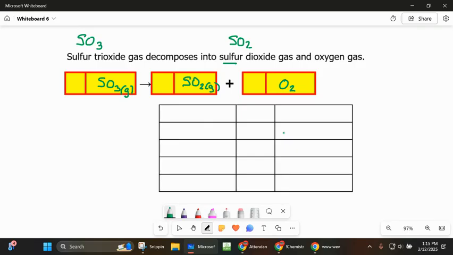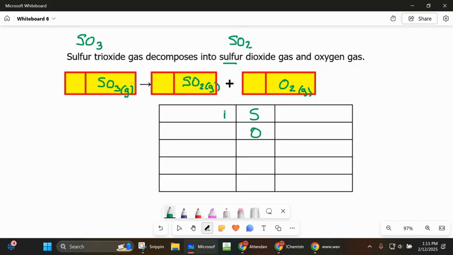All right. So now, ladies and gentlemen, now we are going to list what we have. S and O. That's it. Just the 2 of them. How many sulfur on the reactant side, Jasmine? Okay.